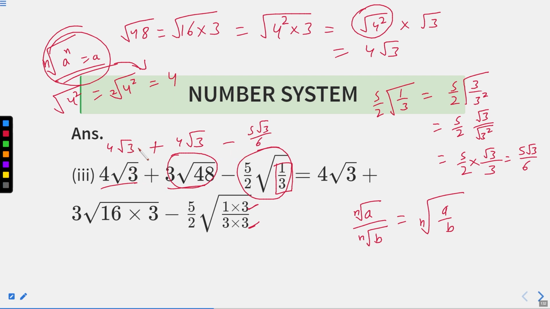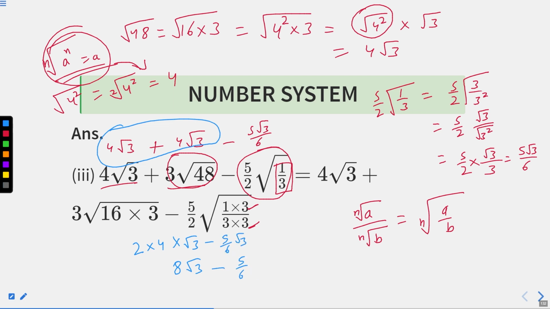Now just do the operations. Adding this will get me 2 into 4 into root 3, which is 8 root 3, and minus 5 by 6 root 3.